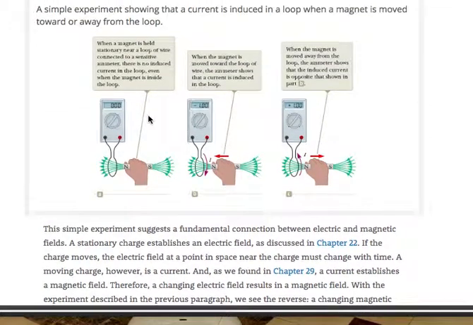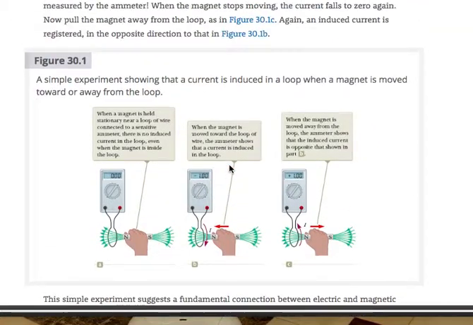So up here, if you have a coil of wire and you move a magnet through it, and you change the magnetic field and the flux going through that coil, that will create a current in the wire. And the current will then create a magnetic field which will try to oppose the changing magnetic field.